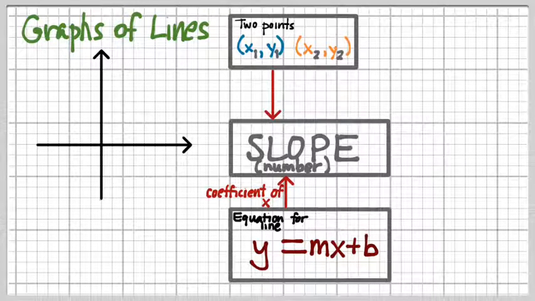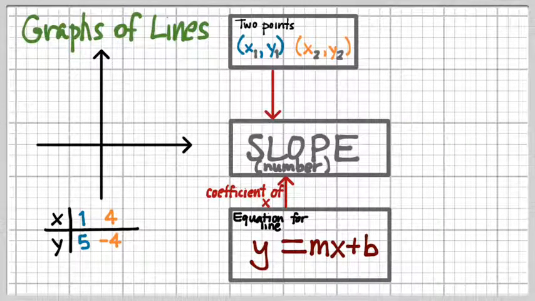Let's do this with an example for starters. Let's suppose that I give you this table of data. And I'm not going to put any context onto these variables for now. We're just going to call them x and y. And maybe I give you, as data points, 1, 5. And for my second data point, let's make it 4, negative 4, or something.